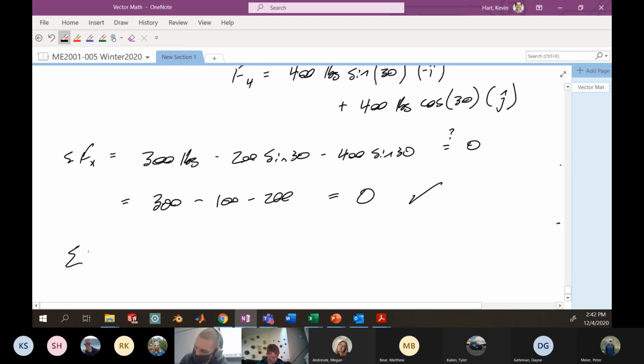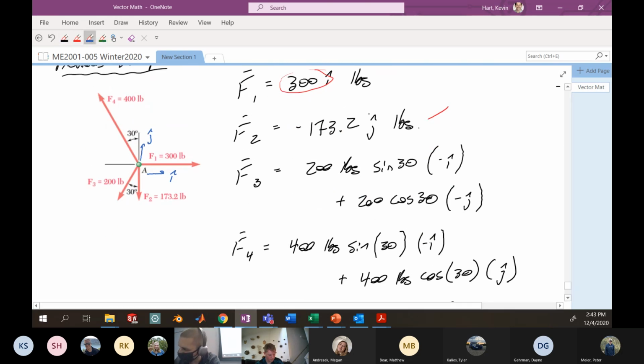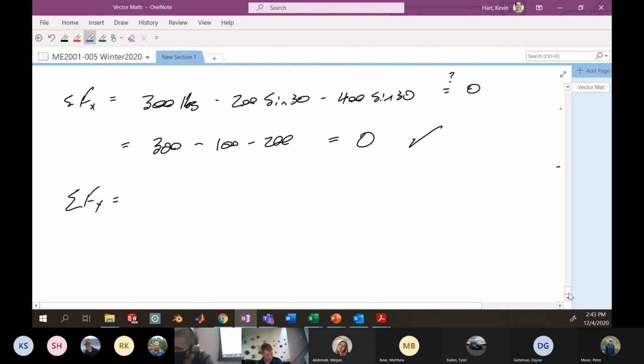And I can do the same thing in the y direction. Here in the y direction, I've got this negative contribution, negative 173.2, I've got negative 200 cosine 30, and I've got 400 cosine 30. So this is negative 173.2 minus 200 times cosine 30, plus 400 cosine 30.